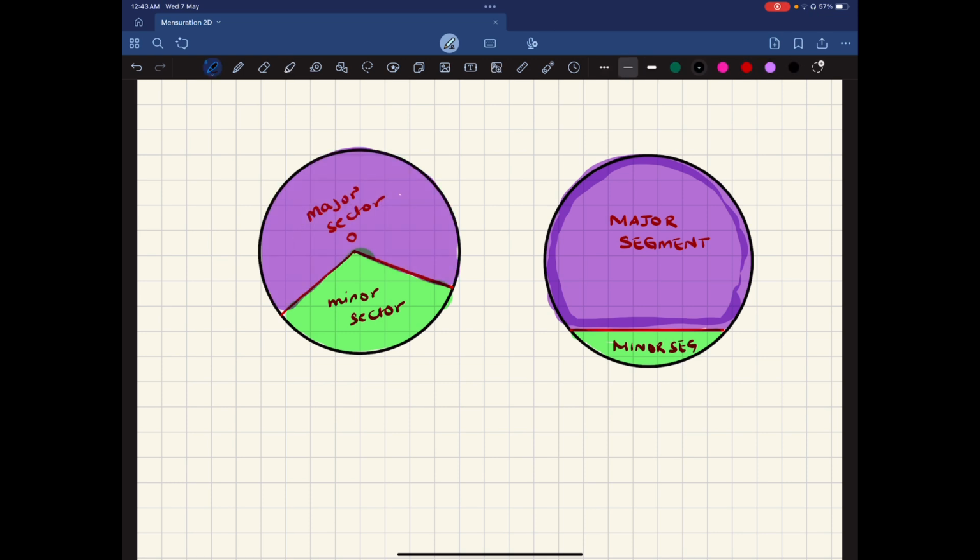Okay, so what are the two ways of dividing circles? You can either divide them into sectors or segments. We are going to deal with each one in detail. Let's begin with sectors first.